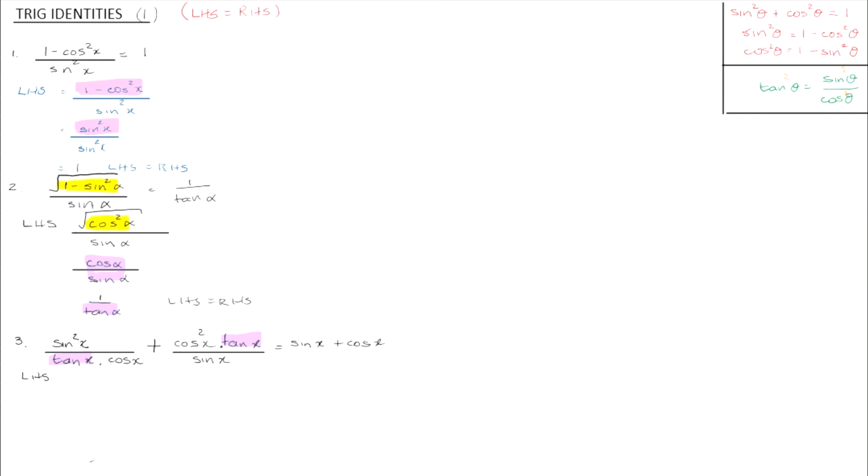So we are going to be left with, on the left-hand side, sine squared x on sine x on cos x times by cos x plus cos squared x, tan is sine x on cos x, and that's all on sine x. Right, I'm just going to sort out my lines and my colors, and we will continue.